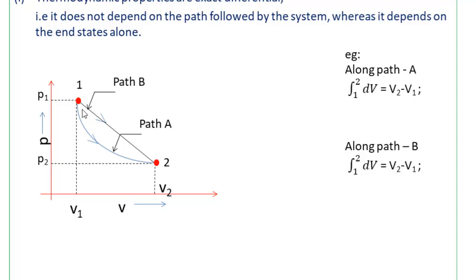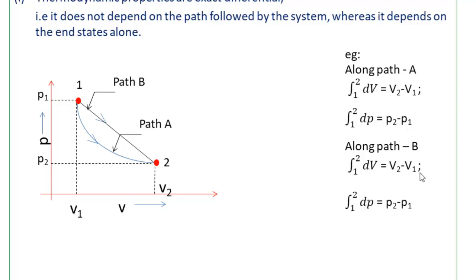That means we consider only the end states, the property at state 2 and the property at state 1. Similarly, for the difference in pressure, along path A it is P2 minus P1, and along path B also it is P2 minus P1.